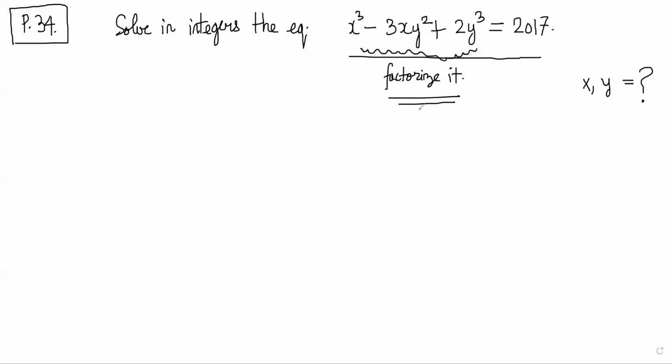It is possible to factorize it. Sir, we'll use a cube plus b cube formula. Mhm. We'll move minus 3xy squared to the right, and then we'll use a cube plus b cube formula and further simplification. Are you getting anything? No, sir, I'm on the calculation part.